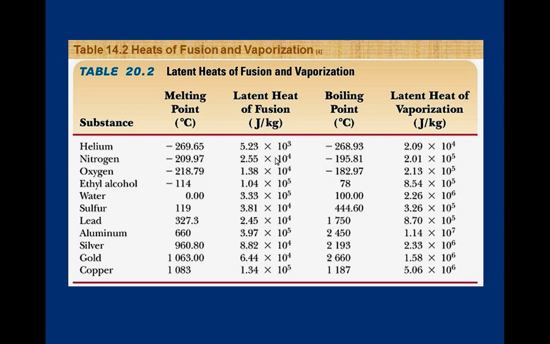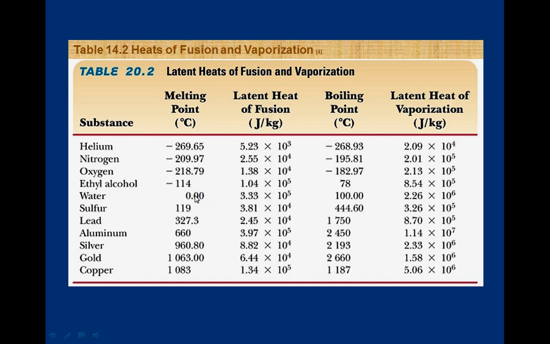So for this phase change piece, we'll just jump to water here because this is the familiar one. When I have water at 0 degrees Celsius, that's where the phase change will take place. Q equals mL_F, latent heat of fusion.